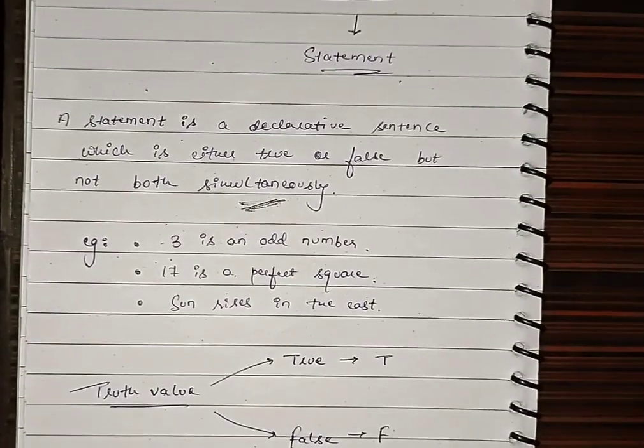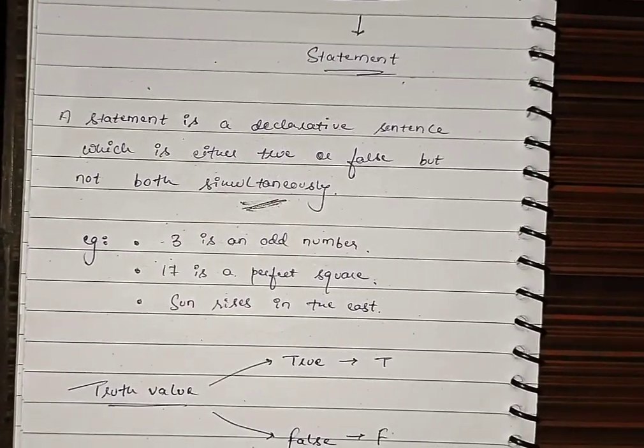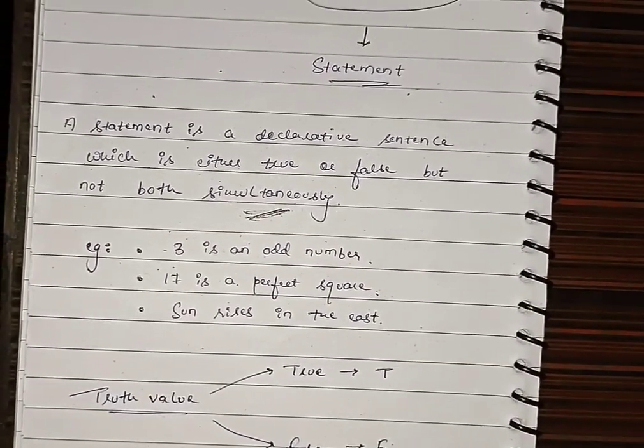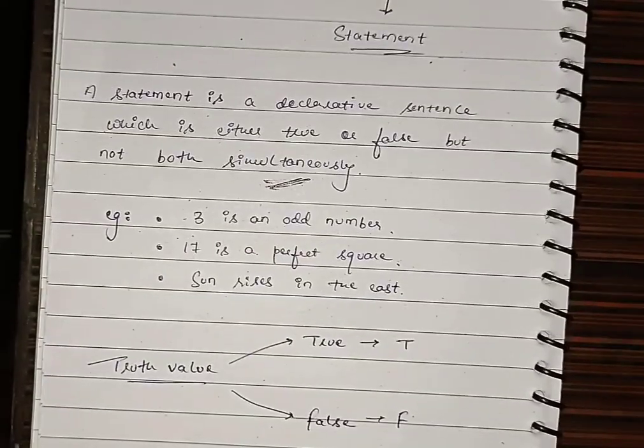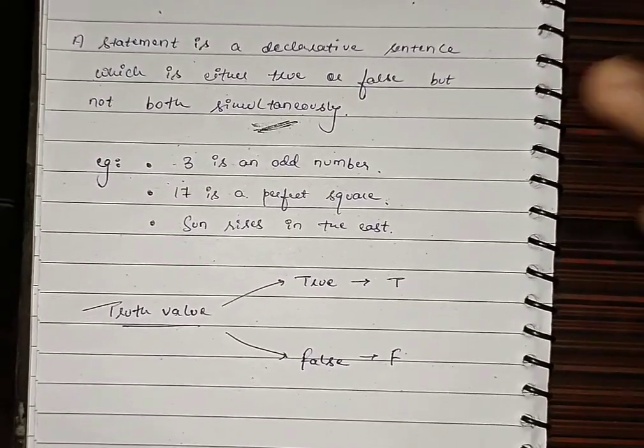Now, when we are saying correct and incorrect in mathematics, there are actually values that we can assign to these statements. These values are called truth values.